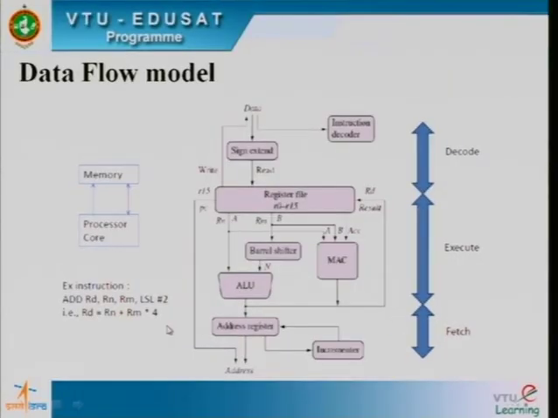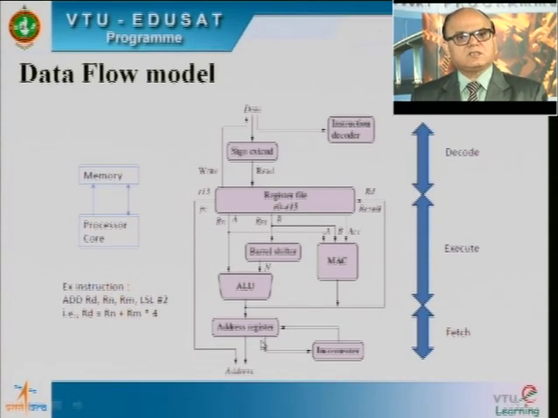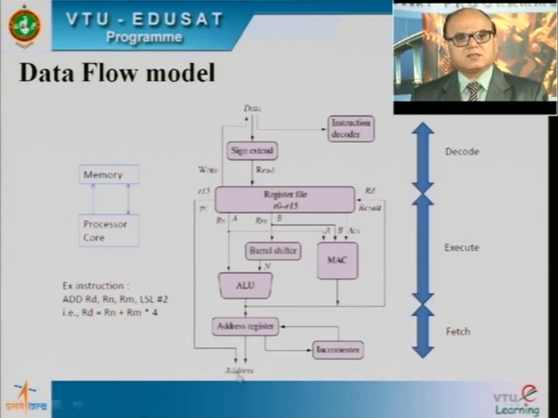Now coming to the core again, let me identify the circuits by the type of task done by the circuitry. Whatever I have on this side is responsible for generating the address of the next instruction, forwarding the address, and giving a control signal to receive the instruction from the data bus.